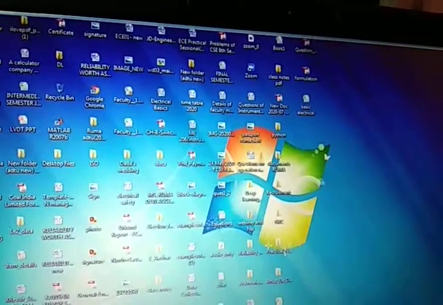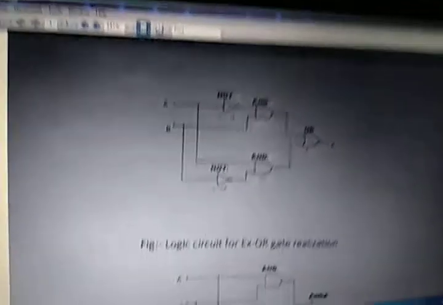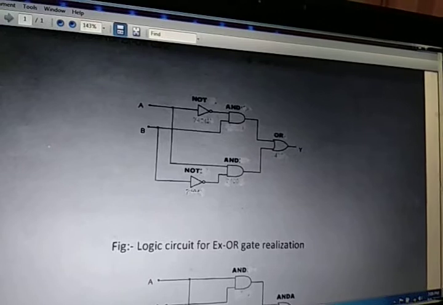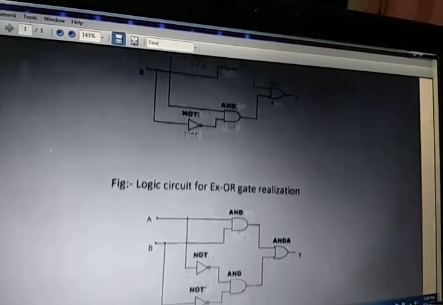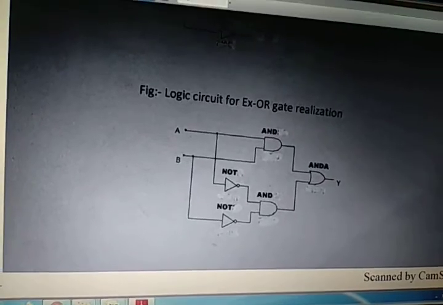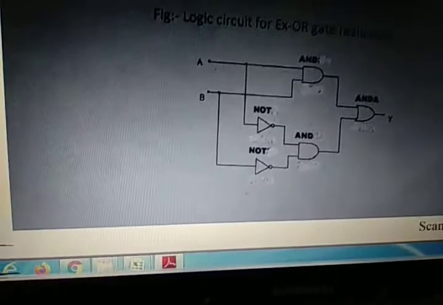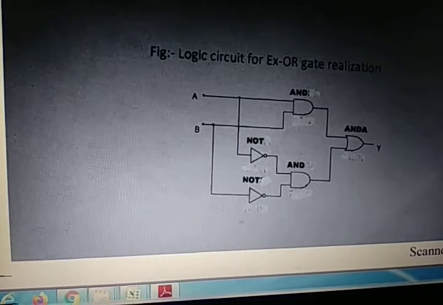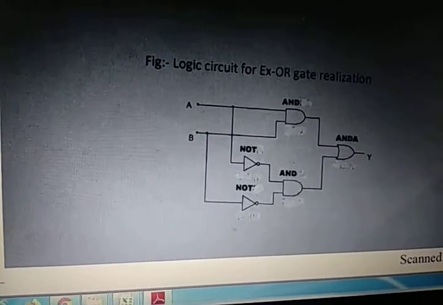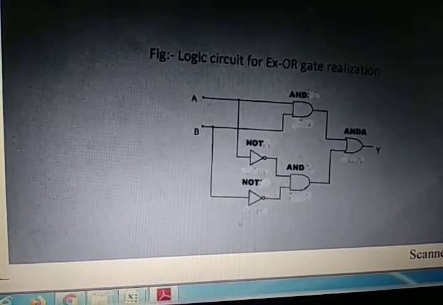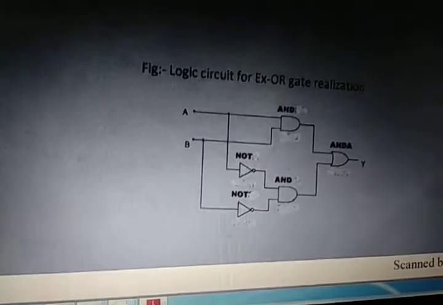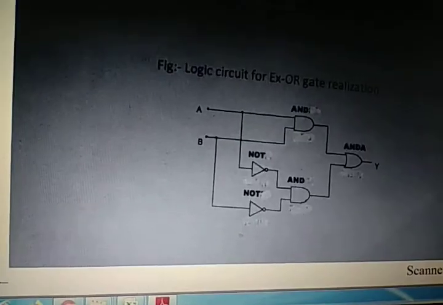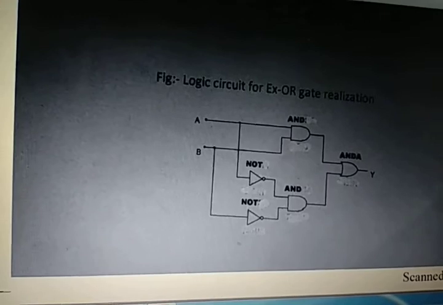Again, this is the circuit diagrammatic representation for XNOR gate. Here also we use two AND gates and two NOT gates, and finally an OR gate.